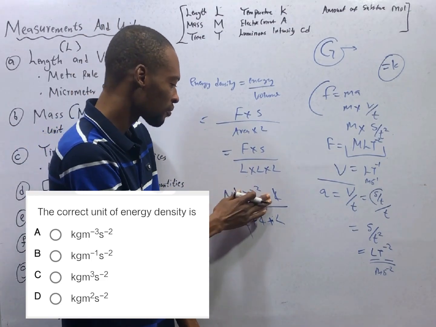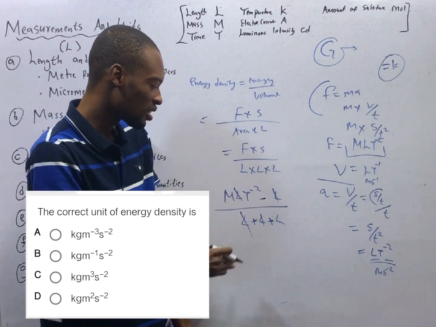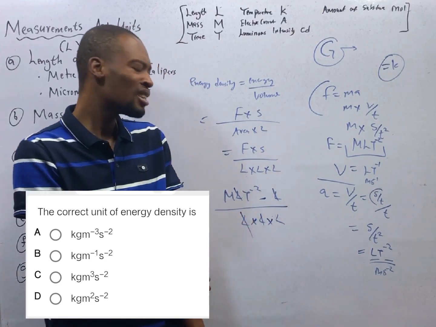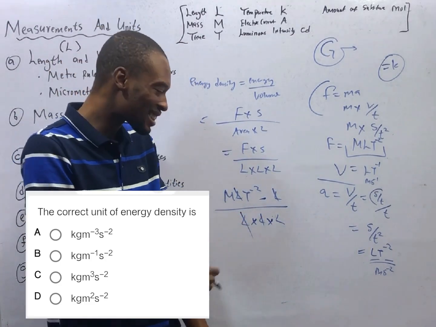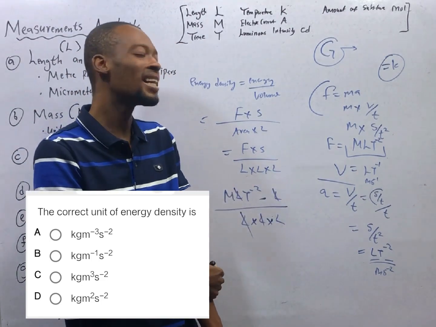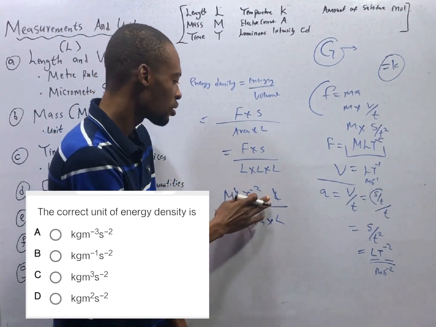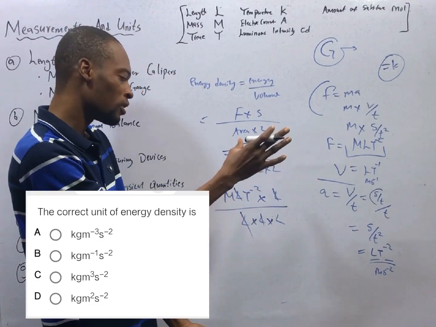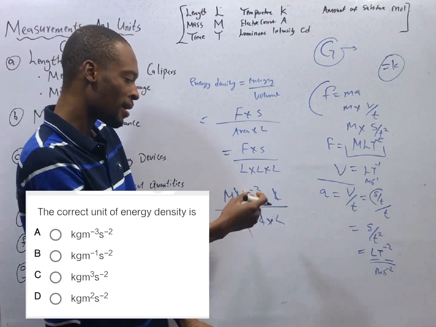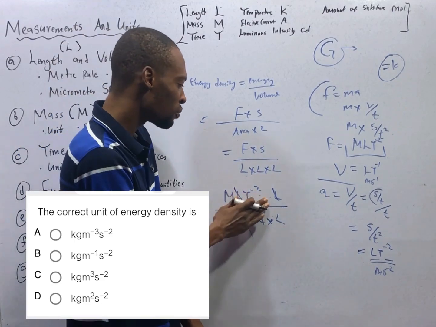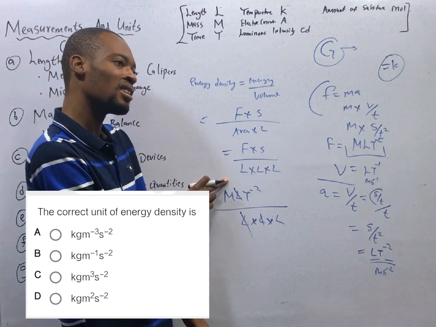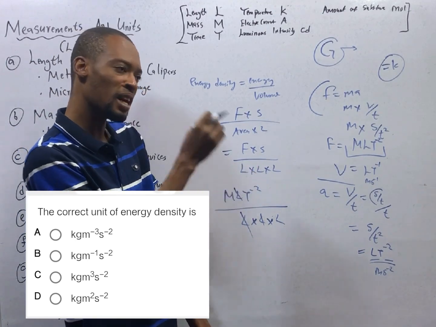If here were to be minus, then here times, here times, you dare not say that L cancels L. It is forbidden. So we are able to say this cancels this because everything here is joined by multiplication. If this were to be like this, you can say L cancels one L because everything here is joined by multiplication.